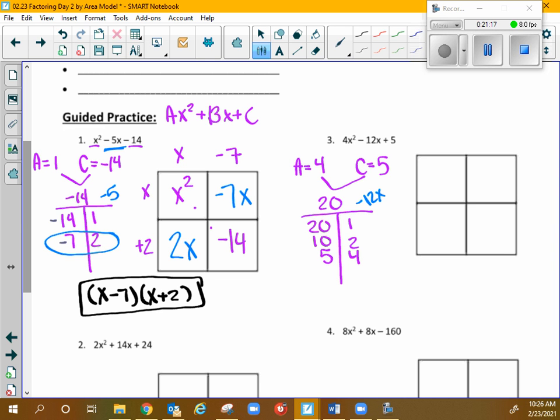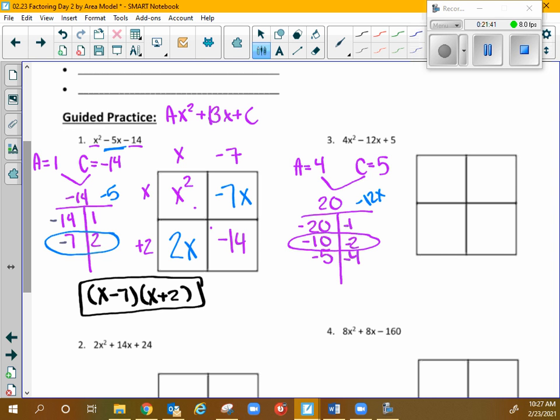Anything else? Okay, now, in what scenario would my product be positive but my sum be negative? They have to both be negative. So now we'll do this. Which combination is going to give me negative 12? 10 and 2.